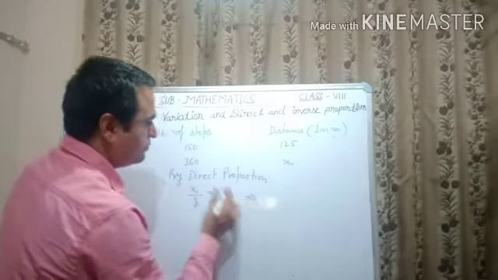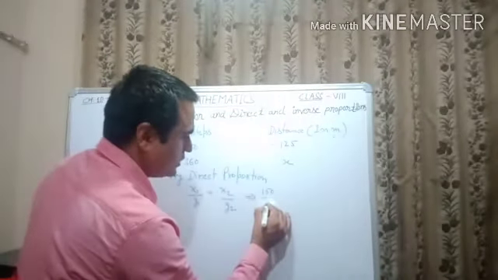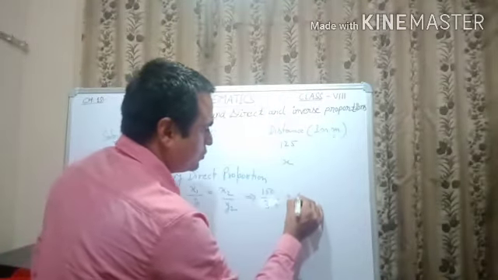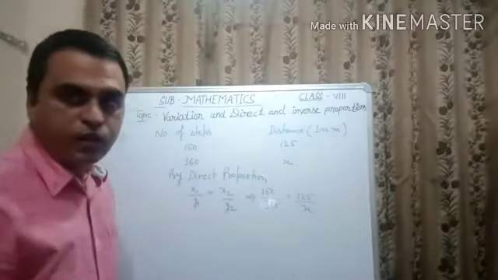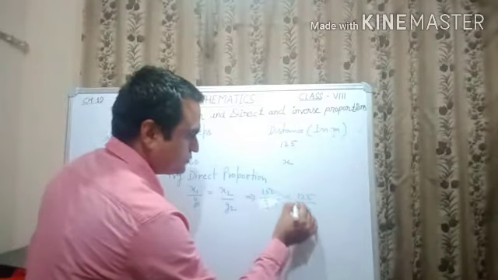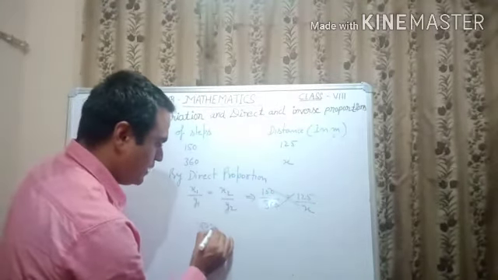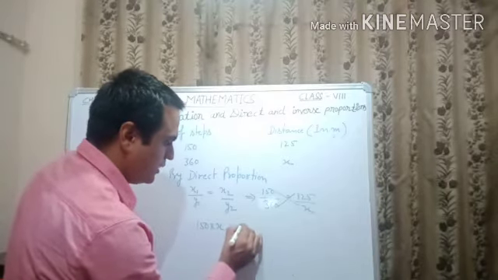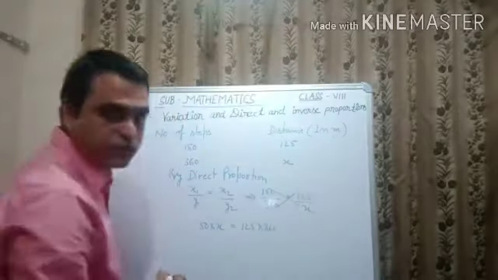Now you have to put the values. 150 upon 360 equals 125 upon x. Now by cross multiplication, 150 multiplied by x is equal to 125 multiplied by 360.